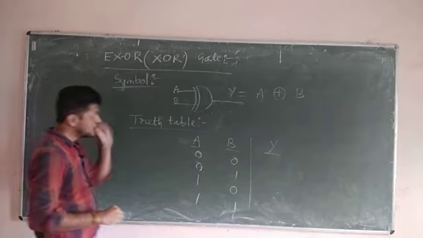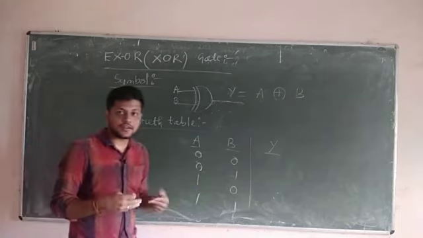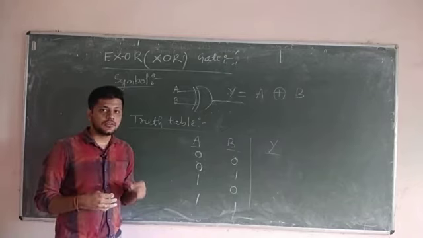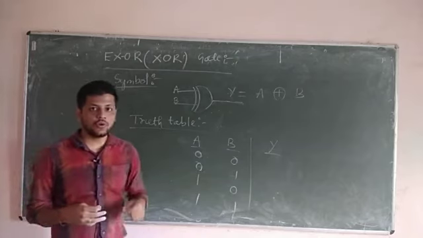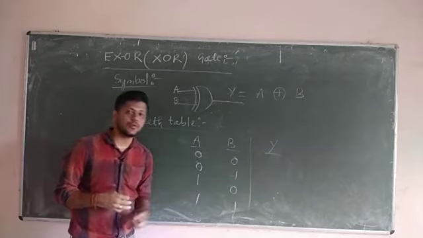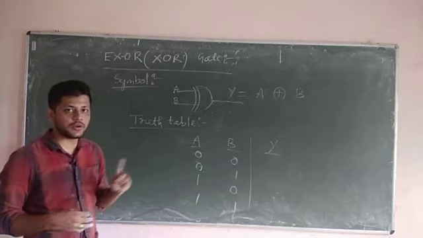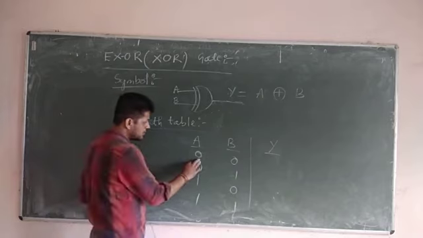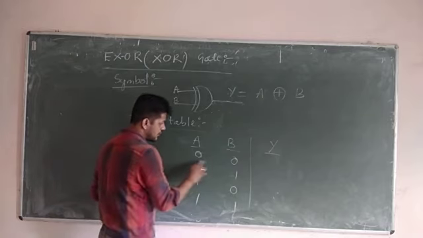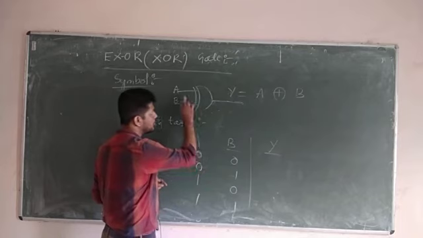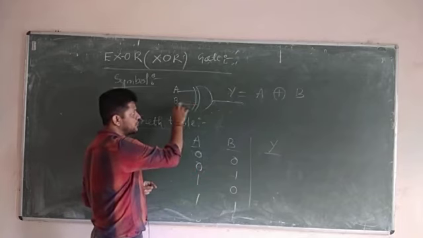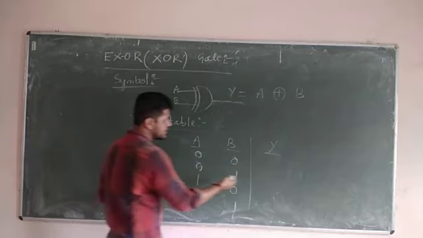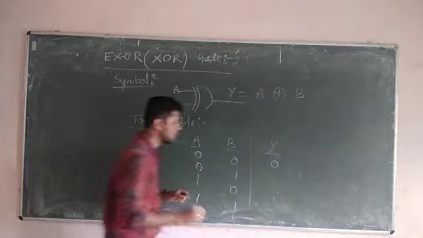I have already written that statement, keep that in mind: the XOR gate output is high or 1 if and only if one of the inputs is high or 1. First observe 0 0. In this case both inputs are applied as A equal to 0 and B equal to 0. Obviously none of the inputs is high, hence the output will be 0.